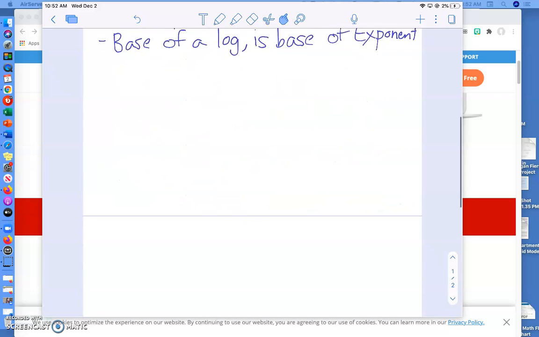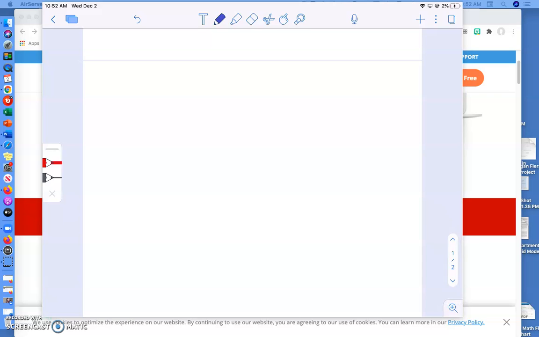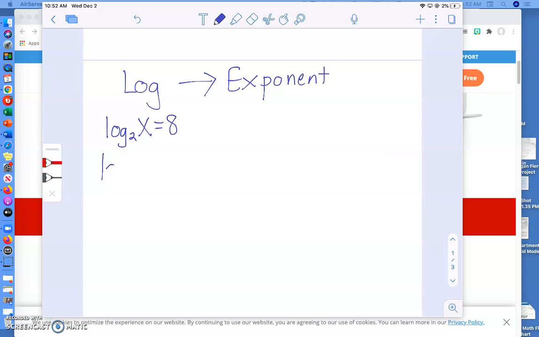So we're going to go back and forth here, and we're going to do a little bit of converting. Let's say we had to convert from a log to an exponent. And again, you guys have done this already. So let's just take a look at maybe 4 or 5 of these. Let's say we had log base 2 of x equals 8, log base x of 5 equals 1, log base 2 of 32 equals x.